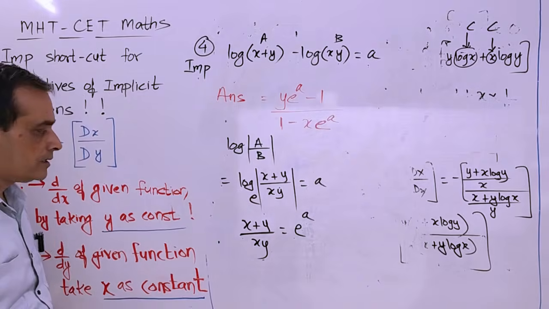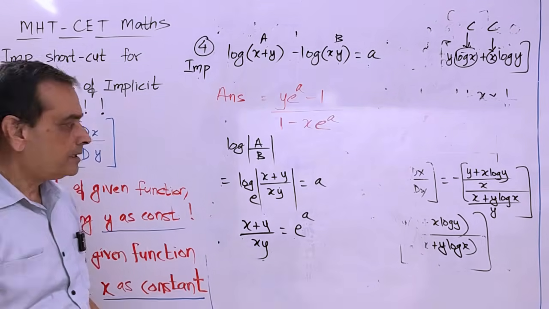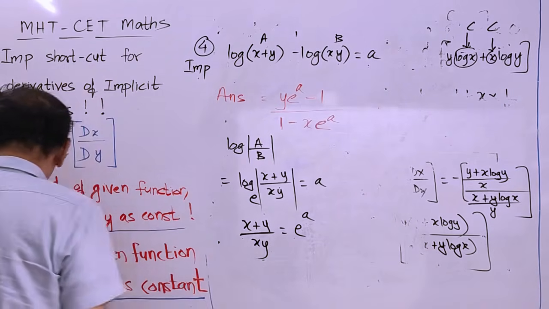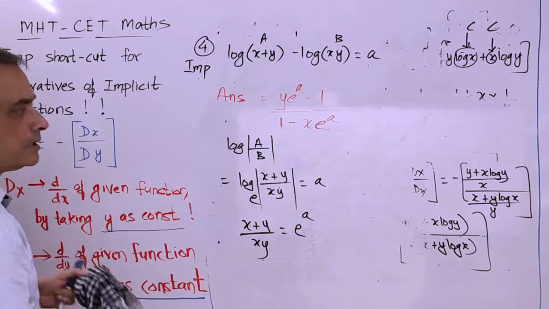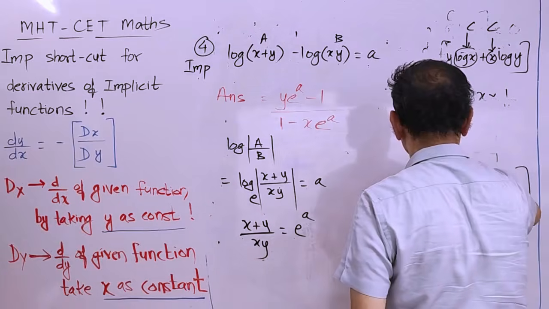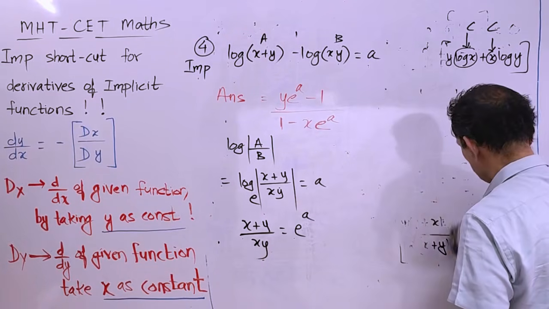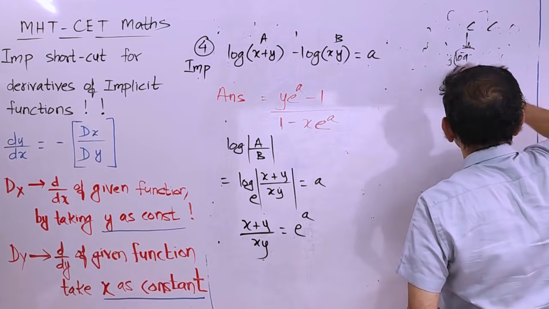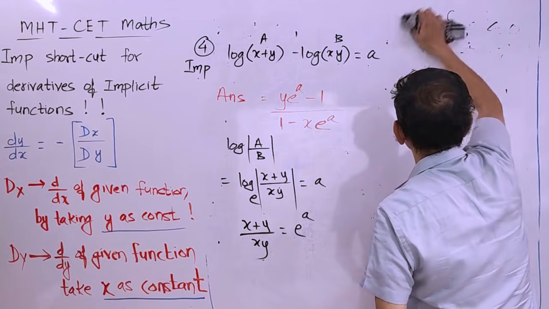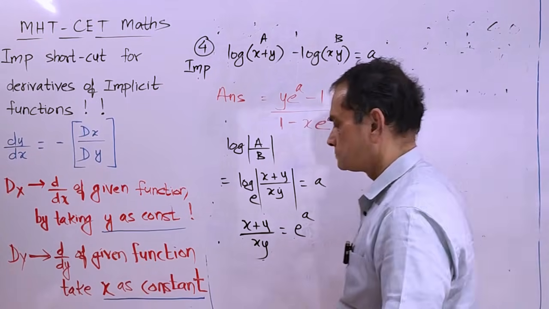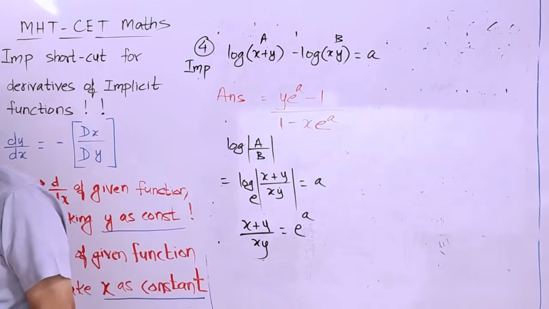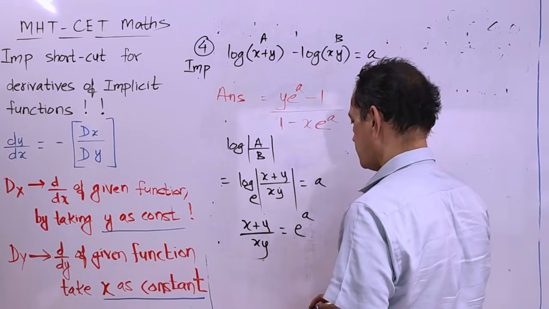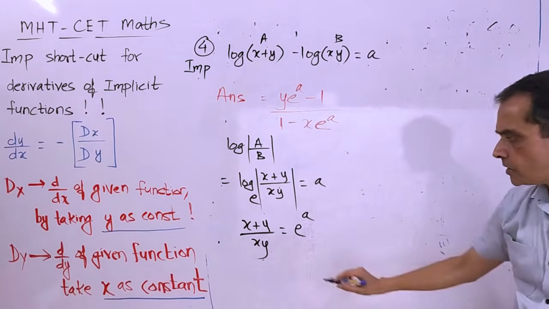Okay. Now let us form an equation so as to get RHS as 0. Then only we are allowed to use this formula. Let us cross multiply now.